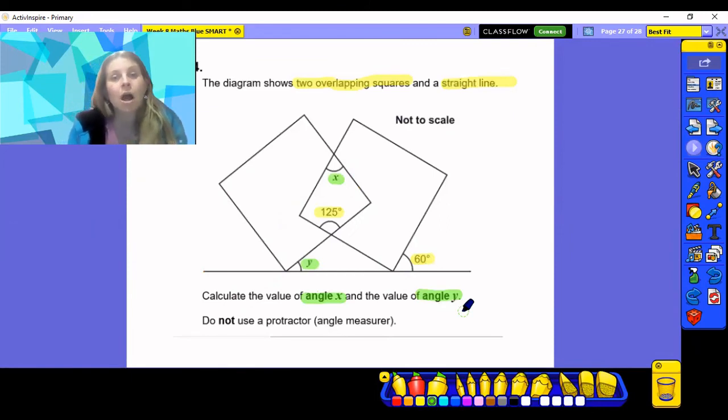The fact that we've got intersecting lines, opposite angles being the same, angles along a straight line, and squares where we're going to have right angles at each vertex. We're going to have that 90 degrees, so that gives you a real big clue. And there's obviously the checking points that we've got a triangle where the interior angles total 180, and a quadrilateral where the interior angles total 360. So I'm giving you some of that information again for you to draw upon to help you with this.